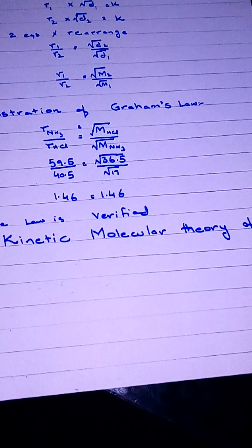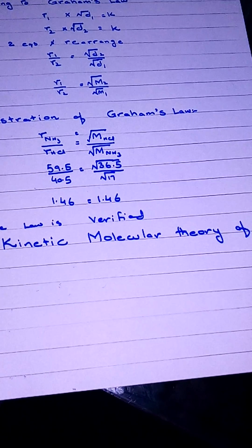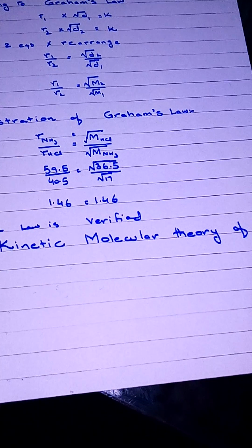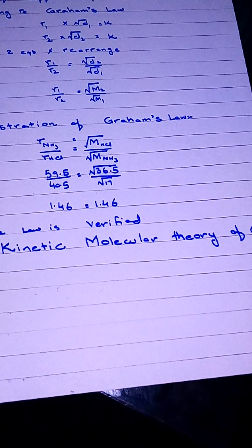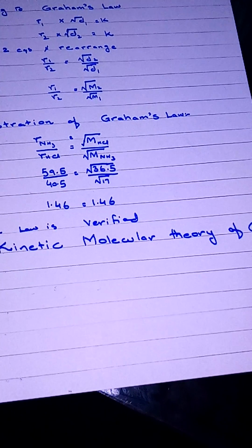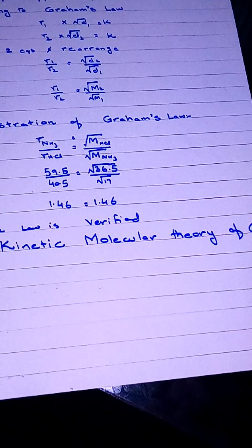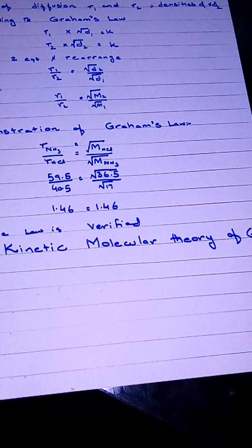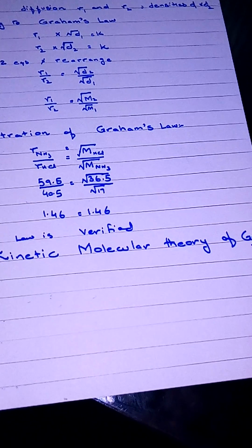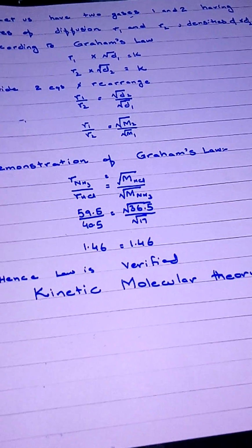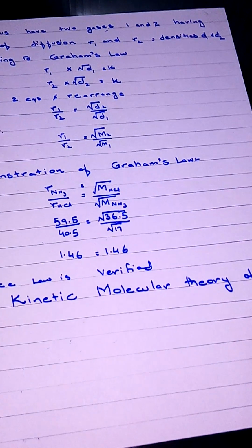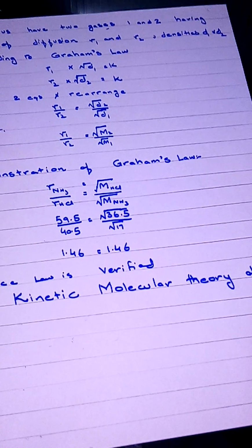have monatomic molecules. Number 2. The second point is that the molecules of a gas move haphazardly, colliding among themselves and with the walls of the container and changing their direction. Haphazardly means randomly. Number 3. The pressure exerted by a gas is due to the collisions of its molecules with the walls of the container.